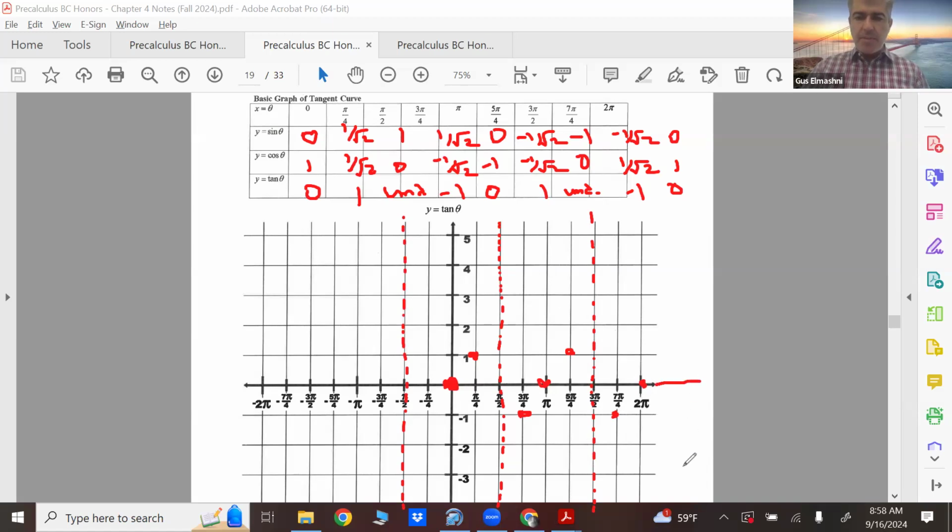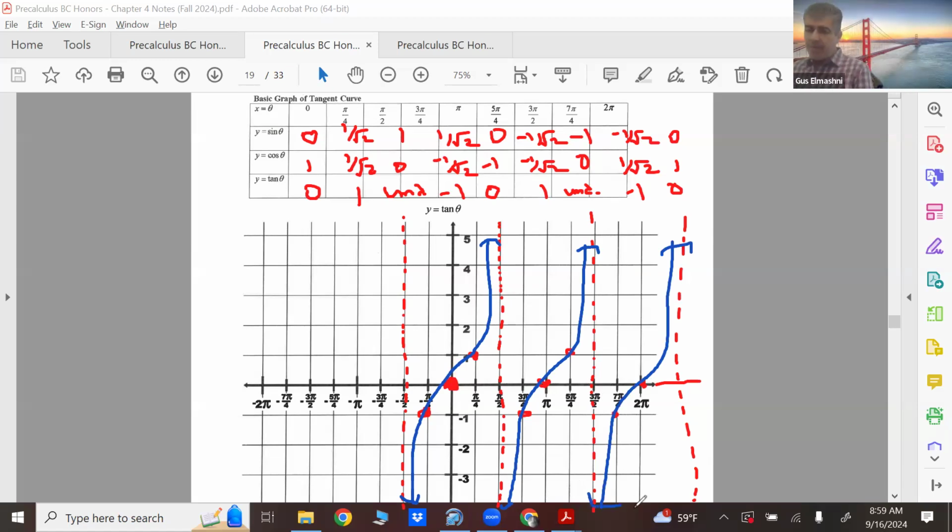We extend this just a little bit. So here's what we do. So that's how the graph looks.